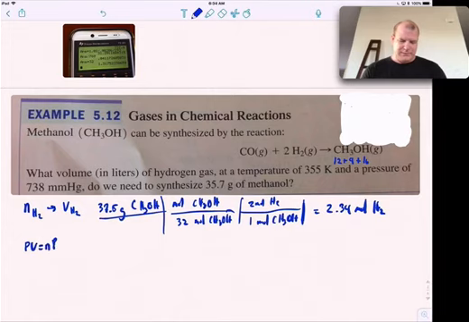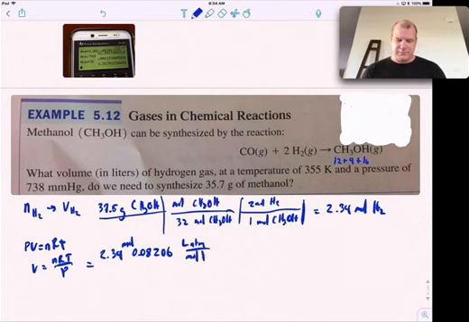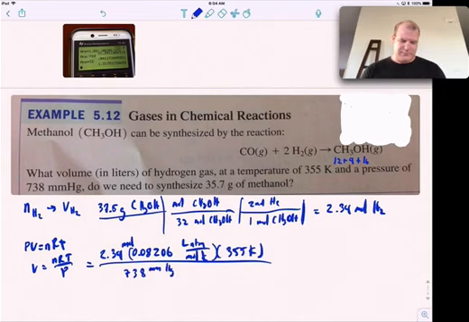PV equals nRT, which means V equals nRT over P, which is 2.34 moles times 0.082 liter atmosphere per mole Kelvin, temperature 355 Kelvin, all over 738 millimeters of mercury times atm over 760.